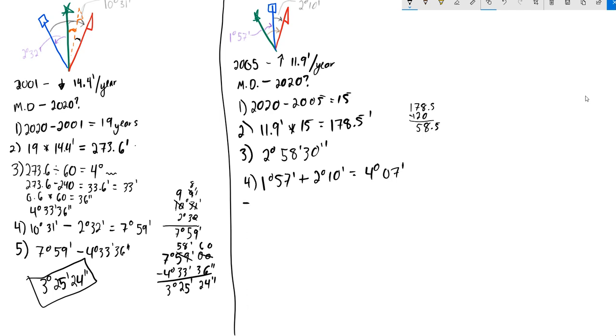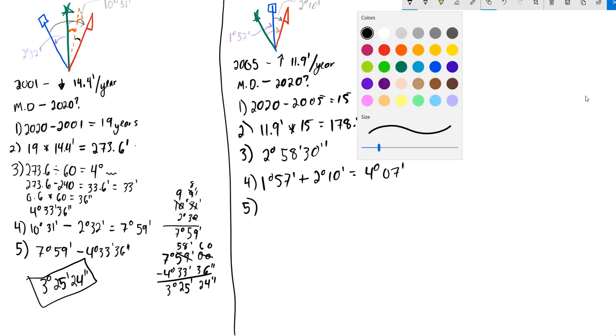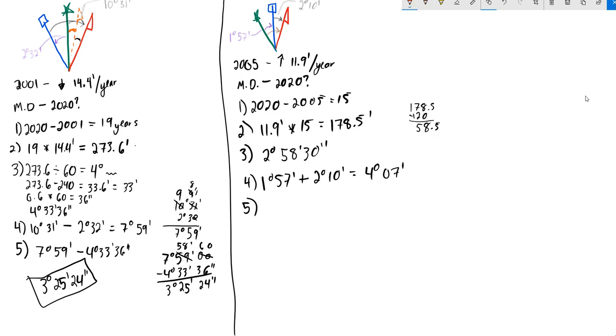So then step 5, now we're going to try to figure out how this value and this value come together somehow. It says that it is increasing, so that means that my angle has gotten bigger, so that means it's coming out. So we're trying to figure out the angle from true north to this new dotted flag.